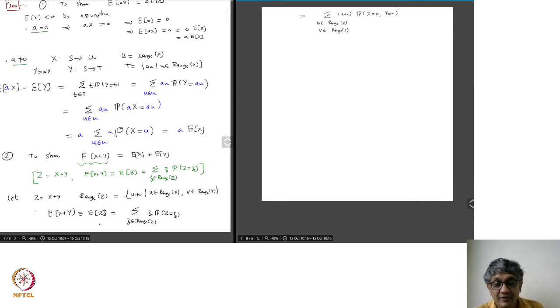Then E of z is going to be the sum over little z, z times the chance that z equals little z. But each z comes as u plus v, where u is in the range of x and v in the range of y. That means you can rewrite this sum as u plus v, and you can now split up as x is u and y is v. That's the only way z will be u plus v. So once you do this splitting properly, you're on your way.